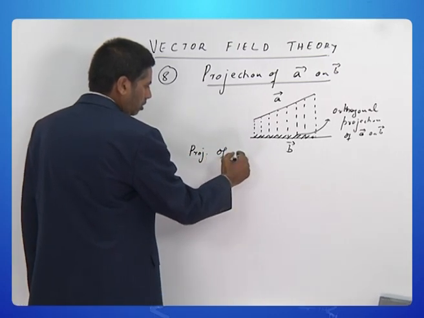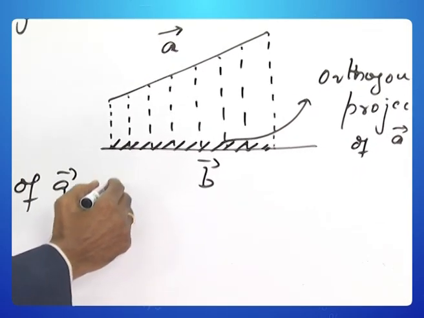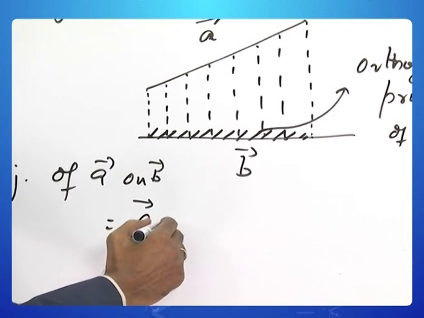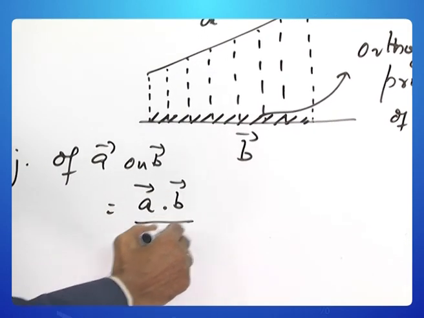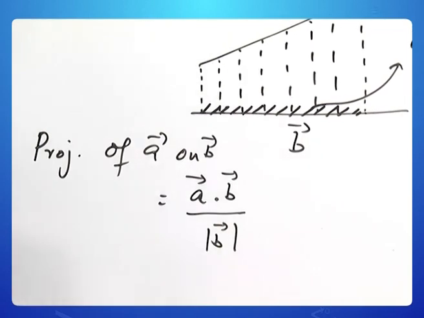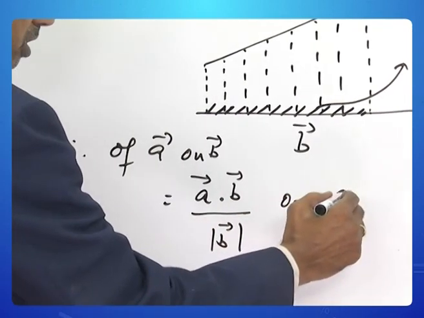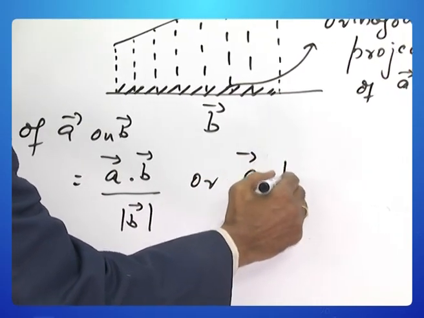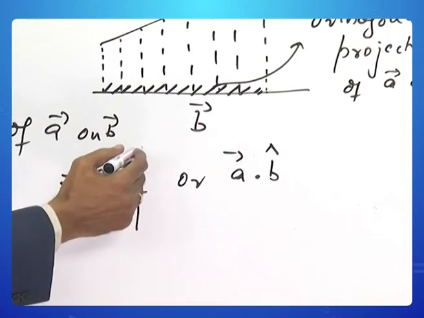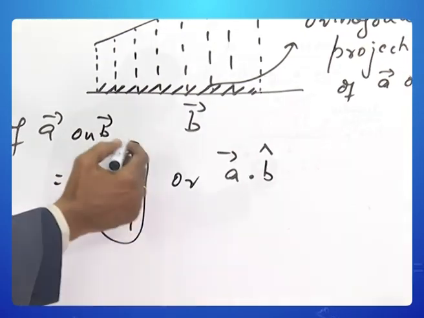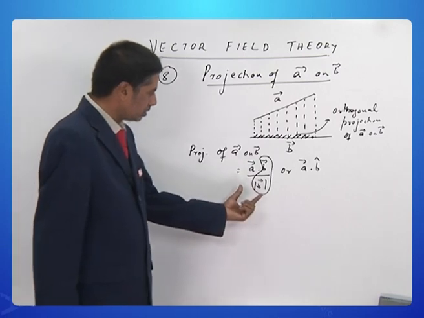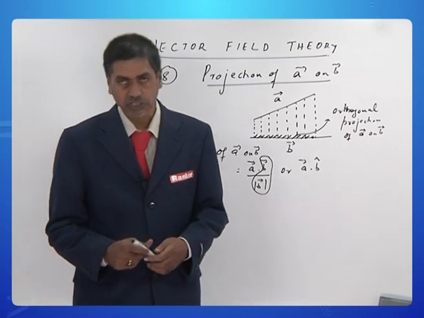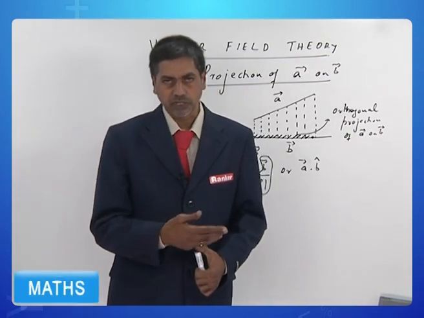as projection of A on B is equal to A dot B by the magnitude of B, or we could also write this as vector A dot B cap, because this defines the unit vector along B. So we can either use this or you can use that, and mathematically the projection can be positive or negative, as you can easily interpret.